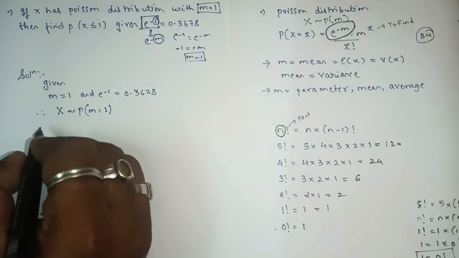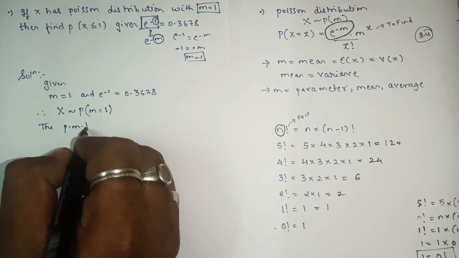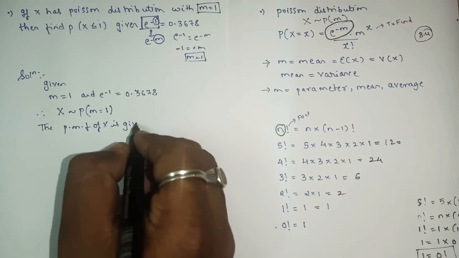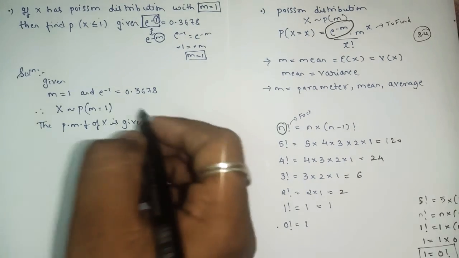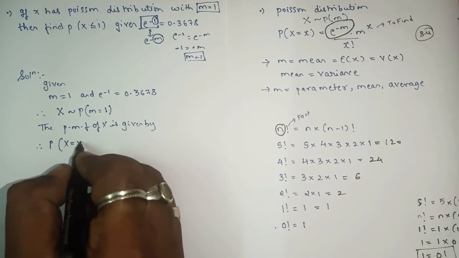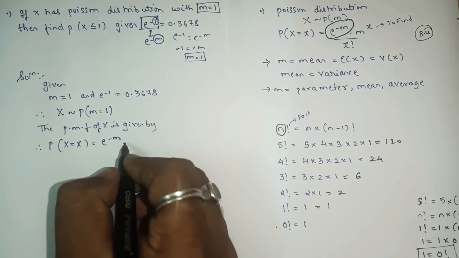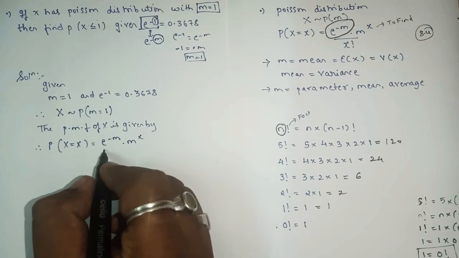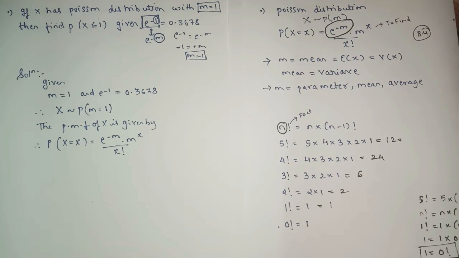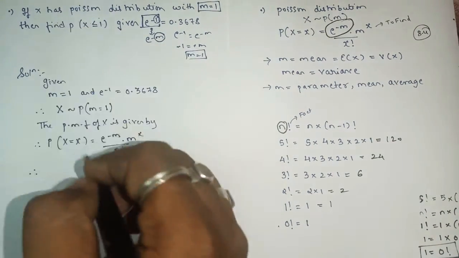So after this we can say that the probability mass function of x is given by P of capital X equals x equals e raised to minus m into m raised to x upon x factorial.